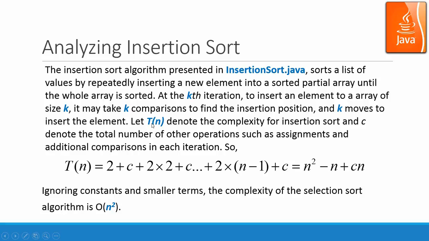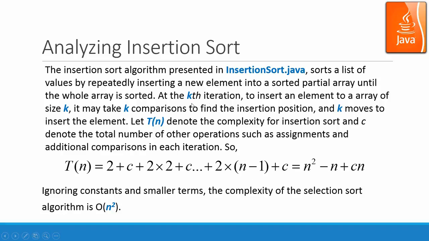T(n) denotes the time complexity for insertion sort, and C denotes the total of other operations such as assignments and additional comparisons in each iteration. So C is a constant that you need to do for each loop iteration.